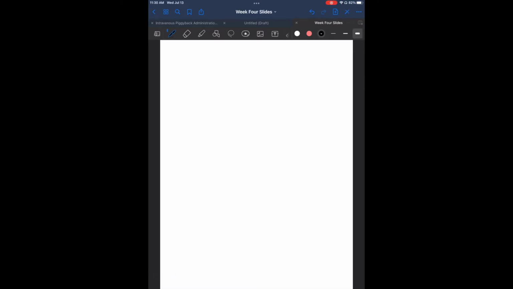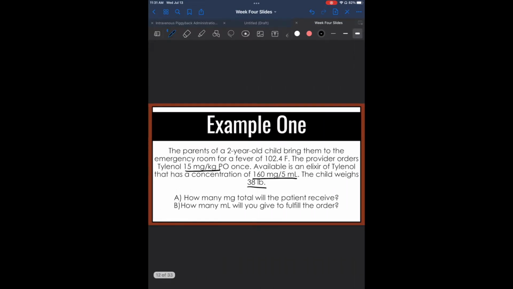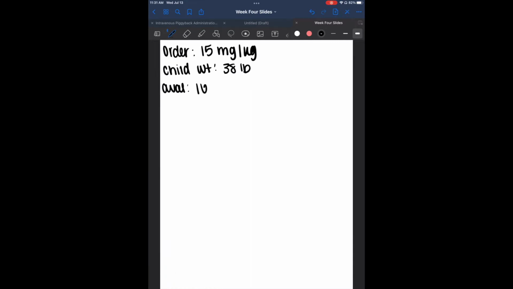So our order, 15 milligrams per kilogram. Our child's weight was 38 pounds. And available is 160 milligrams per 5 milliliters. Okay.